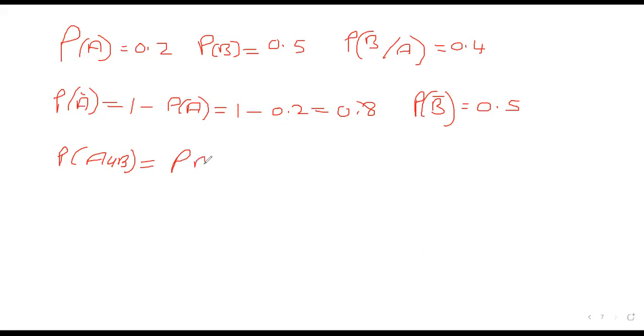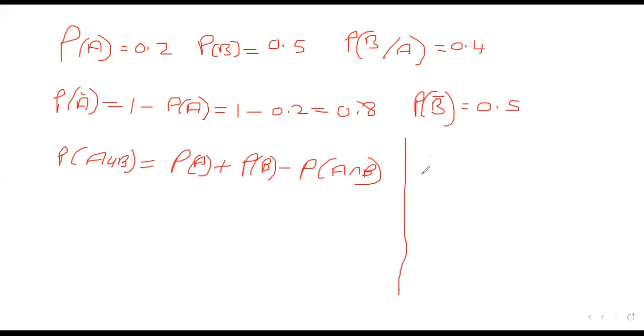The union, not the intersection. The union is probability of A plus probability of B minus the intersection.